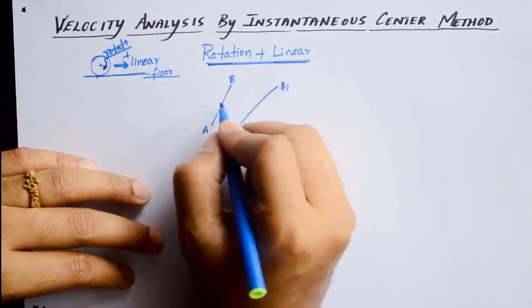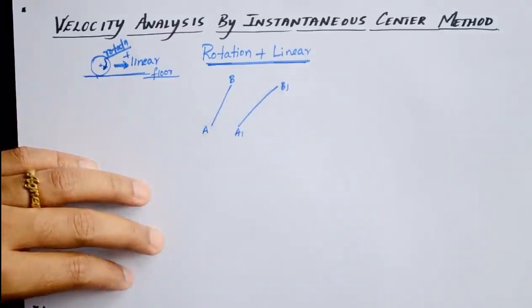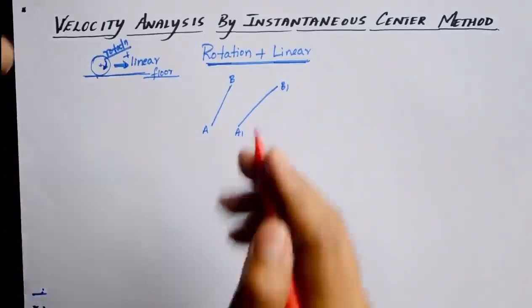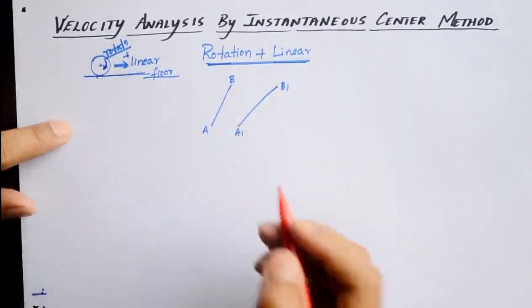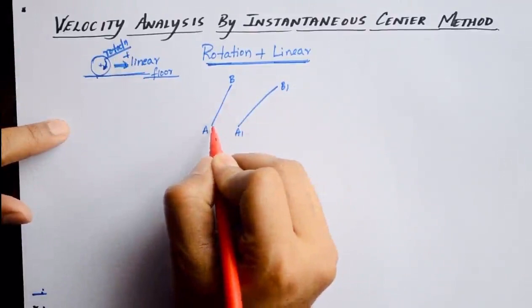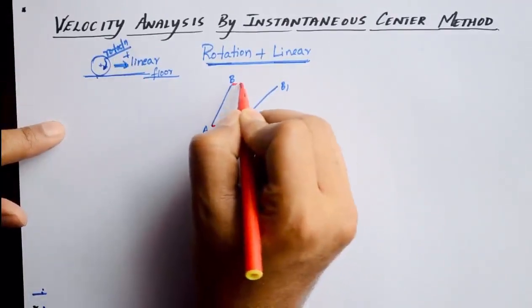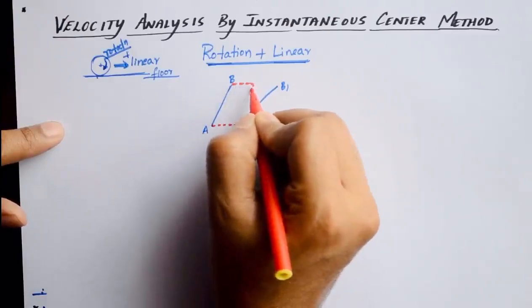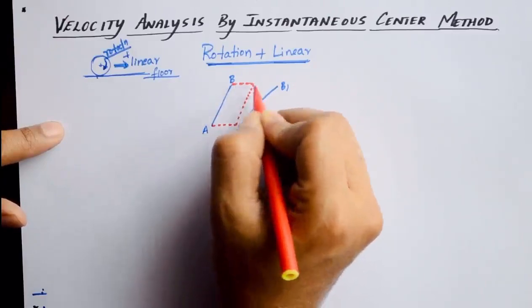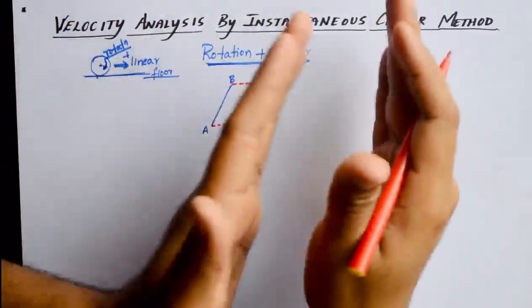If you consider this, we can make this in the form of two different motions, as I mentioned, rotation and linear. If point A is moving linearly, point B is also moving linearly, so this will be the first position by moving linearly.